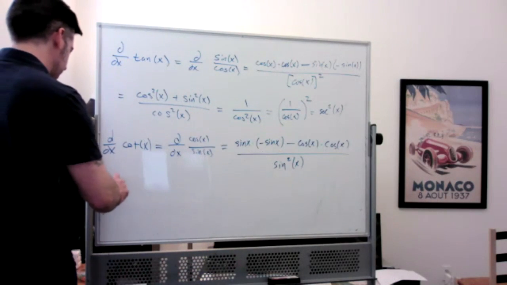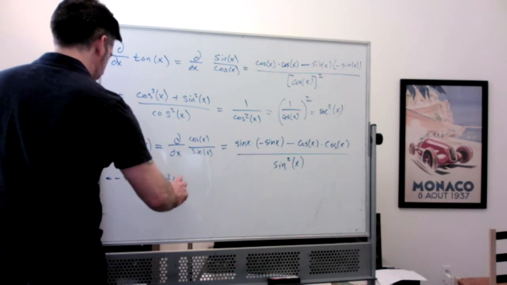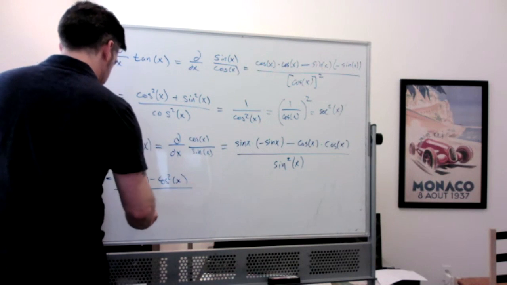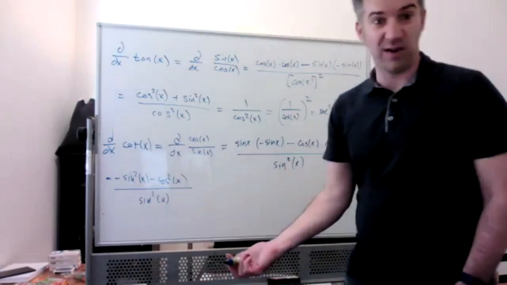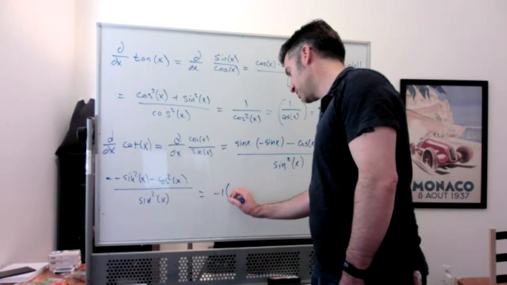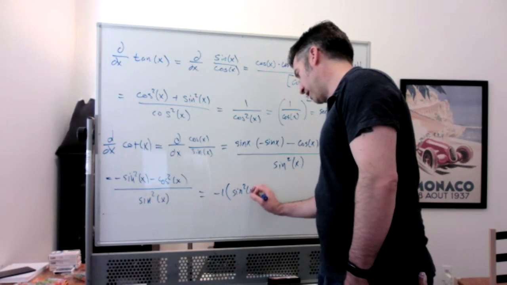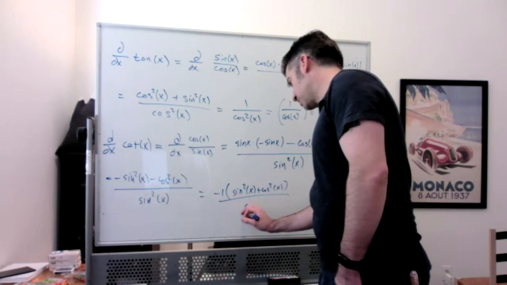So I can write this as negative sine squared x minus cosine squared x, all over sine squared x. Then I'm going to factor out a -1 from the top: -1 times sine squared of x plus cosine squared of x, all over sine squared of x.